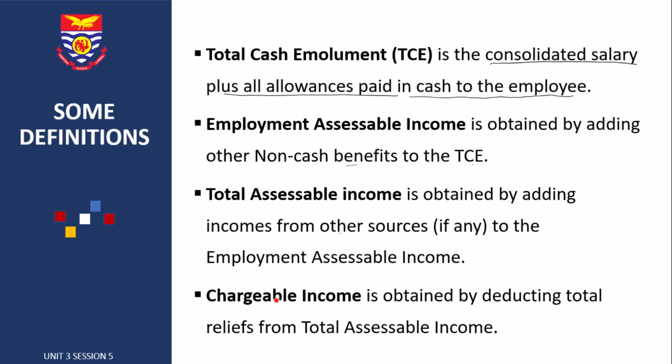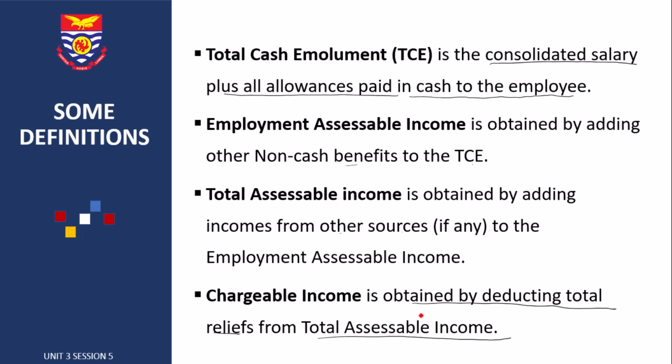Then lastly, we have chargeable income. This is obtained by deducting total reliefs from total accessible income. We looked at reliefs in the beginning of this unit.